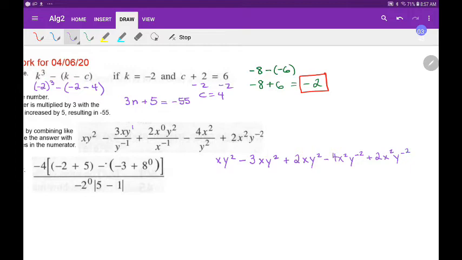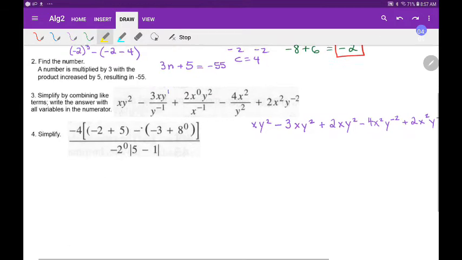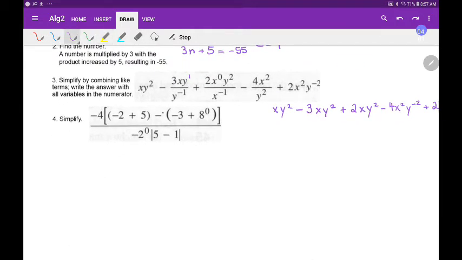And you can see there's like terms going on here. This one, and this one are all like terms. And then this one and this one are like terms, so we can put those together. All right, simplify. Let's see, we have -4.